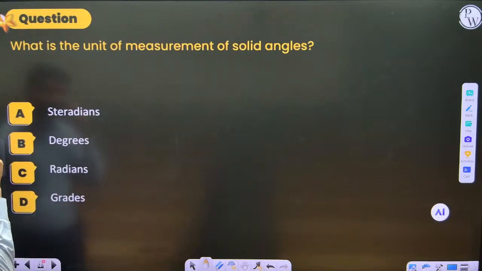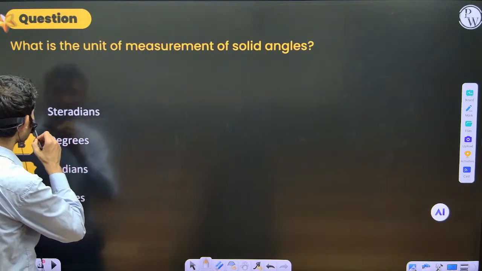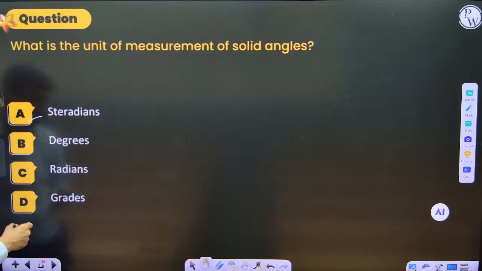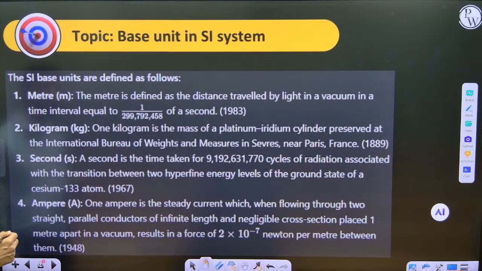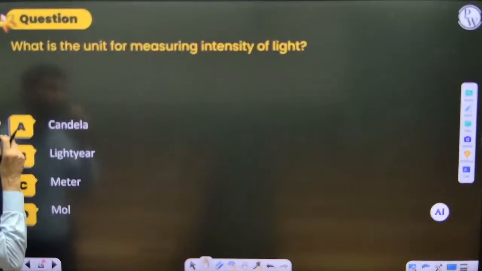Now, what is the unit of measurement of solid angle? As we have seen, the unit of measurement of solid angle is steradian. So this we have already seen before, right? Now, what is the unit of measurement of intensity of light?